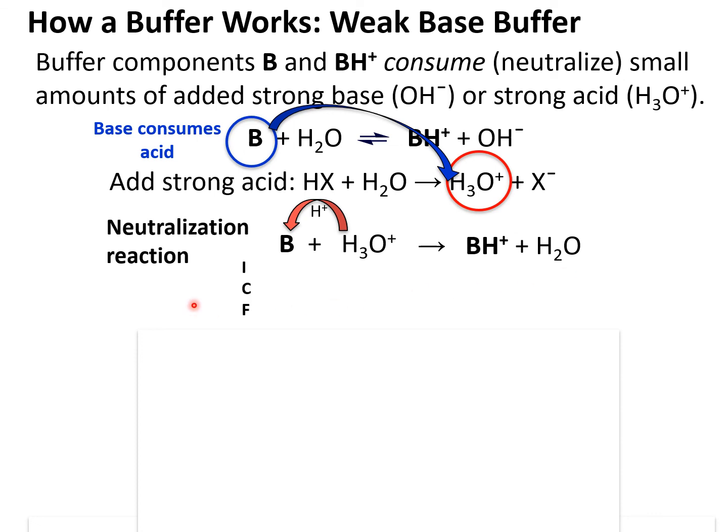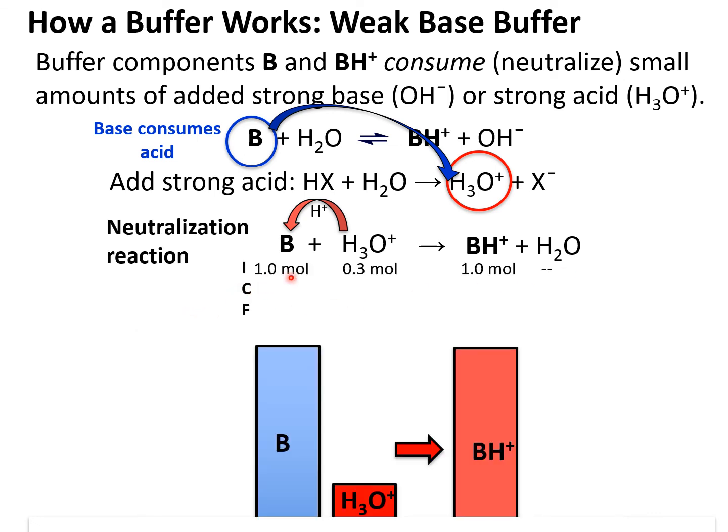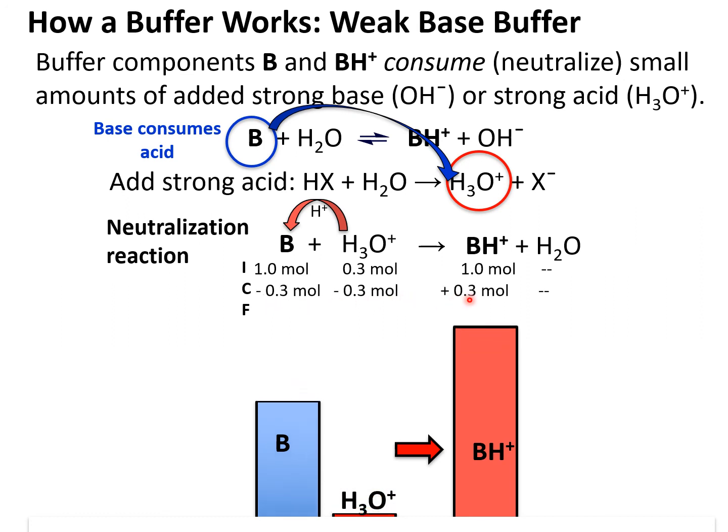If we look at the ICF table for this reaction, and if we take an example, we start with 1 mole of weak base, 1 mole of its conjugate acid, and we add 0.3 moles of strong acid. We see that the strong acid will be the limiting reactant, and the change will be minus 0.3.